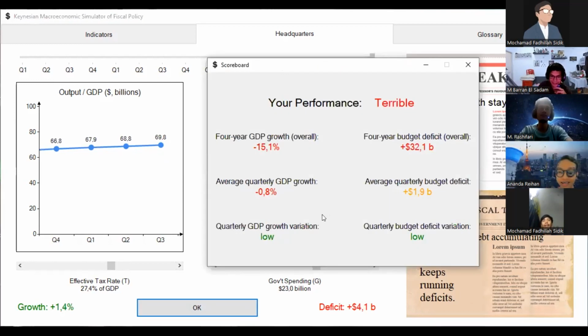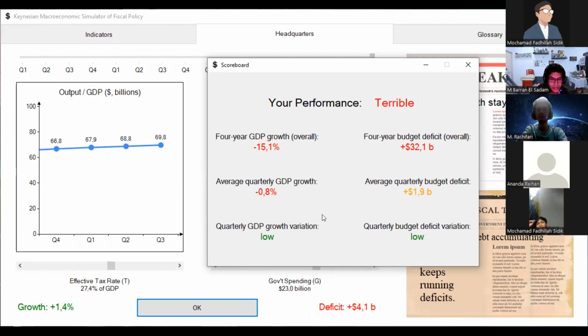So everyone has had their share. I think for the most part, the simulator is implying the message that it's good to have low taxes and high government spending, which is in line for the most part with Keynesian theory.